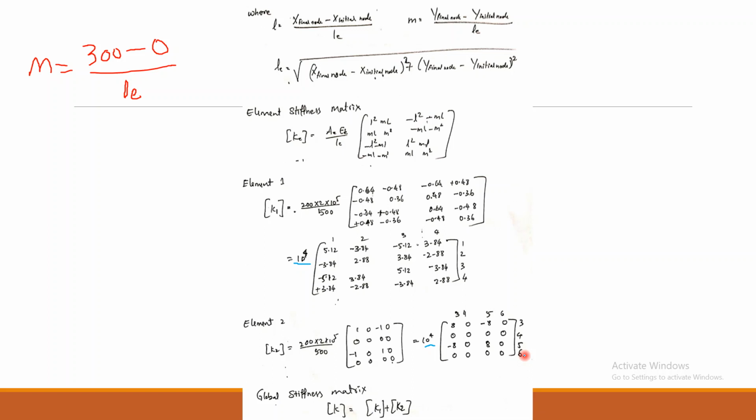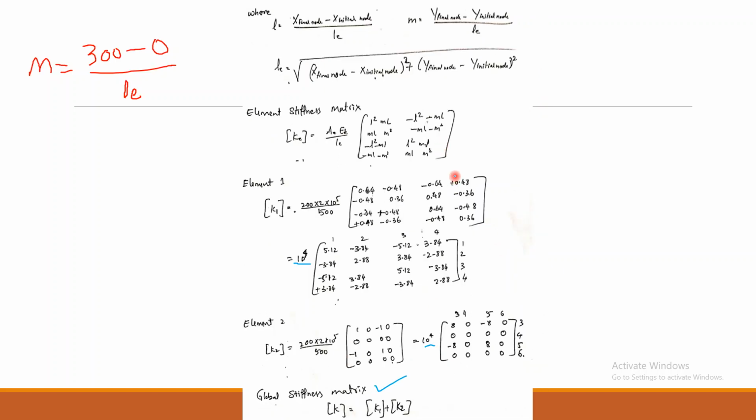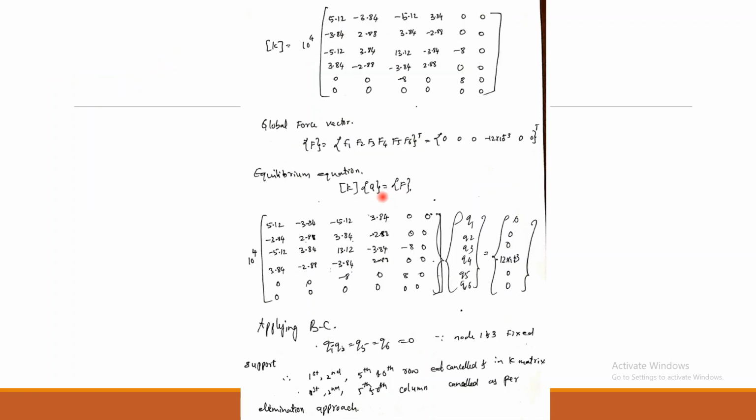Once it is done, next we should go for the global stiffness matrix, where we need to add the coefficients one by one. So 1 1 we are having only 5.12, 2 1 minus 3.84, 3 1 minus 5.12, and like that you should add the individual coefficients into the global values.